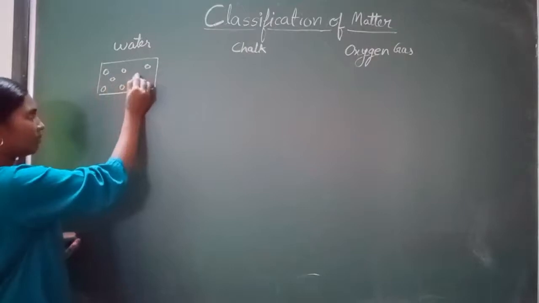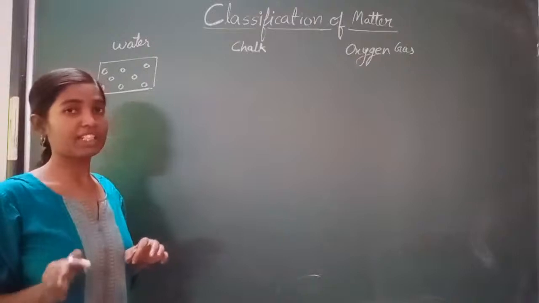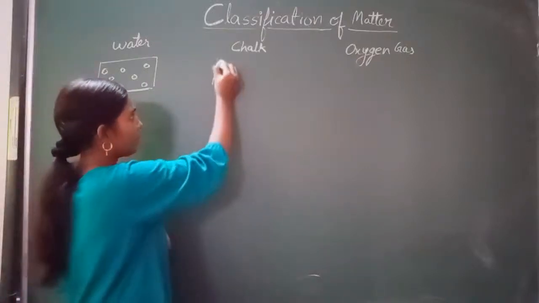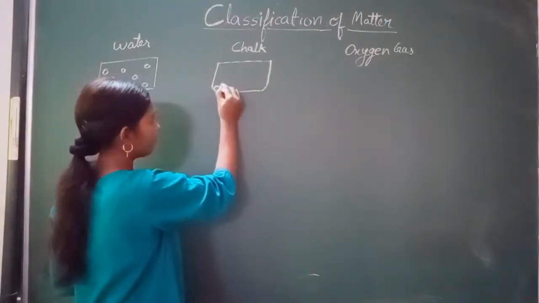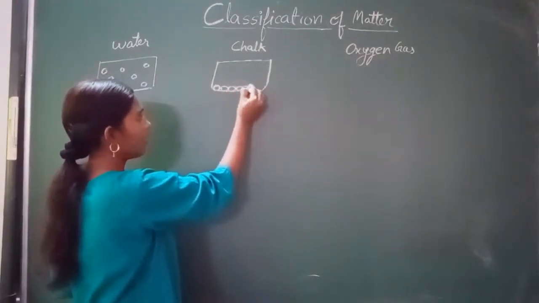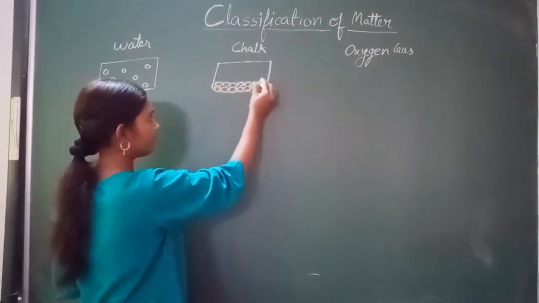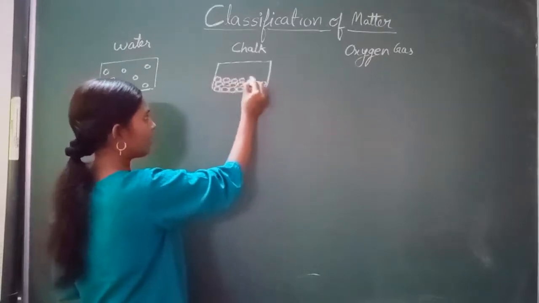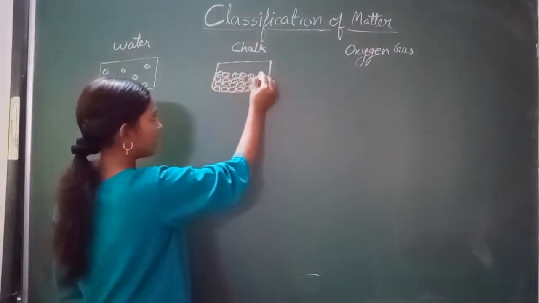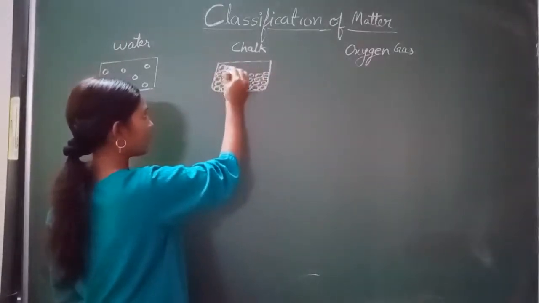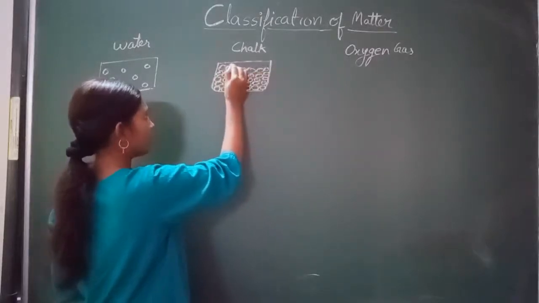When I saw this chalk through a highly magnified microscope, I can see a picture like this. What you can see in this is that whatever is arranged is very closely packed. It is not far away from each other, but near to each other.